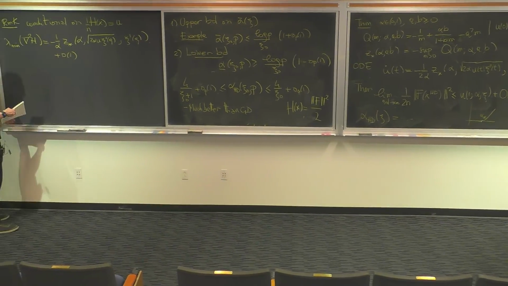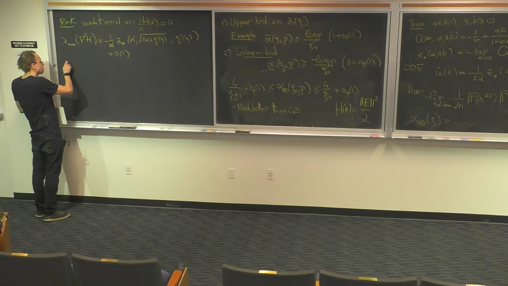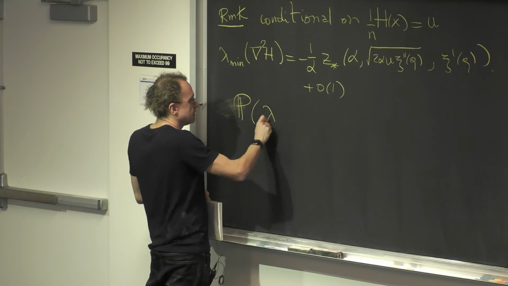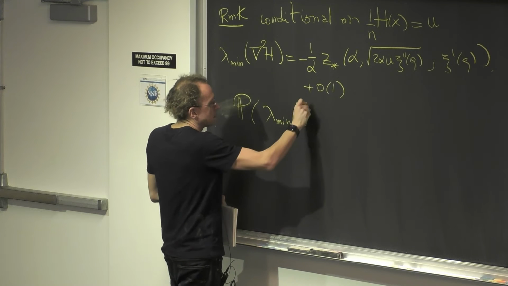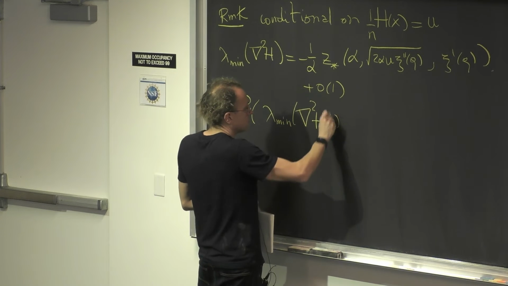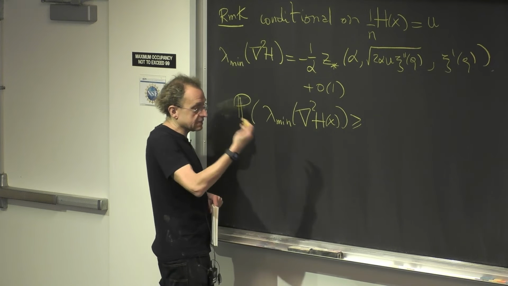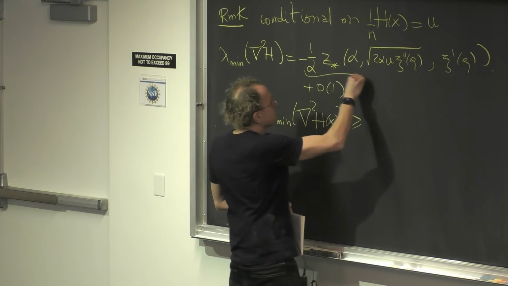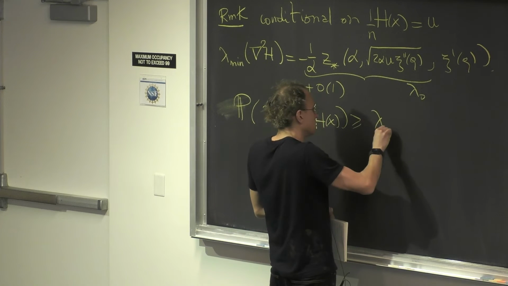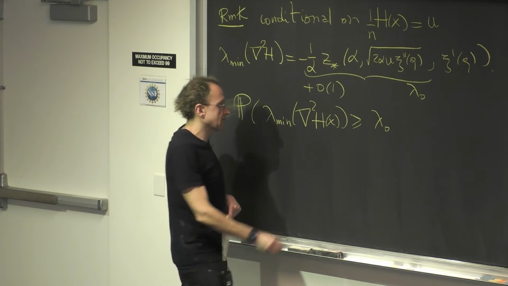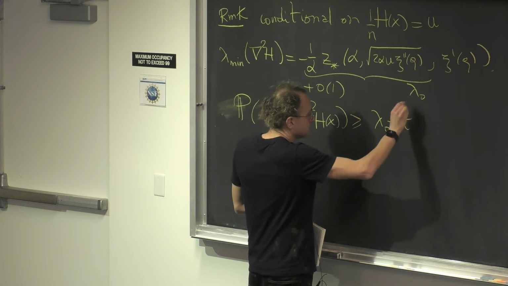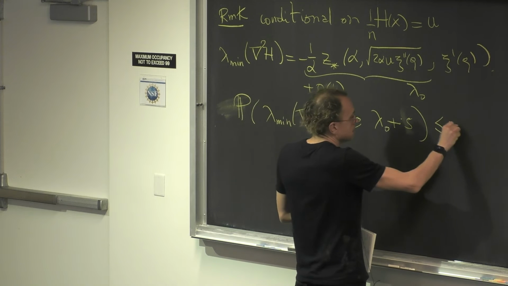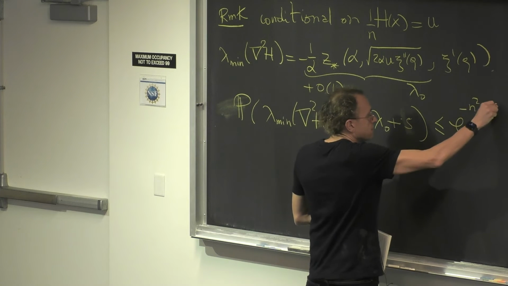And the important fact is the probability that this is bigger, so you gain less than you want. Okay? So let me call this lambda 0 plus t plus, okay, t I used already, plus S. This is e to the minus n squared C of S.